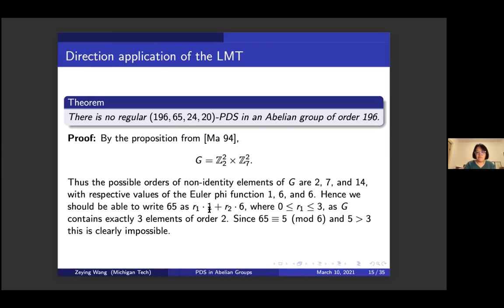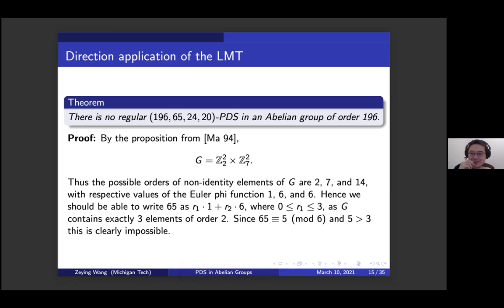So from here, you can see that 65 is congruent to R1 modulo 6. R1 is the number of elements of order 2, so at most 3, because from the structure there are at most 3 elements of order 2. But on the other hand, 65 is congruent to 5 modulo 6. So this is impossible, and right away we prove this case does not exist.